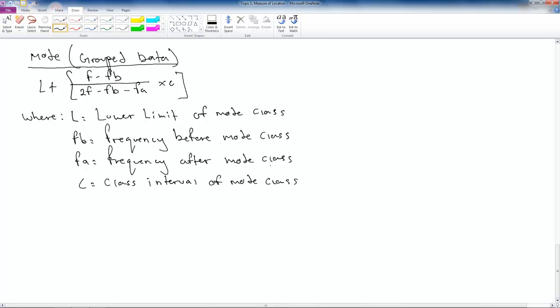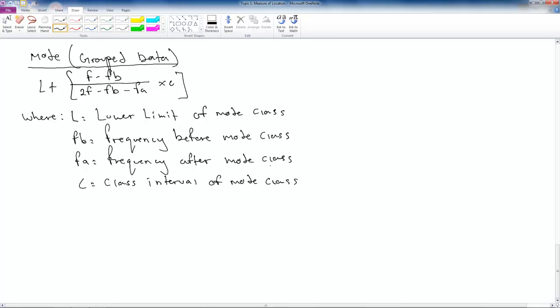And of course, you know, F is the frequency of the mode class. The rest of it I have to describe, which are the new things: FB, FA, C, and L.